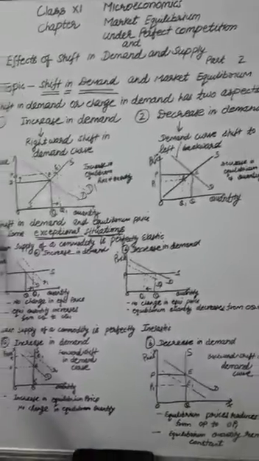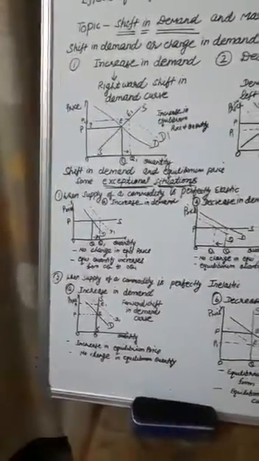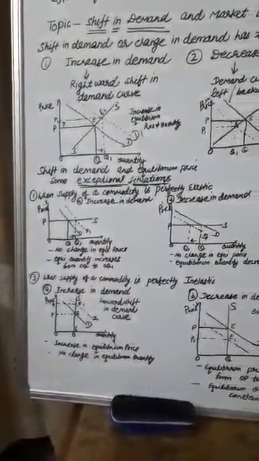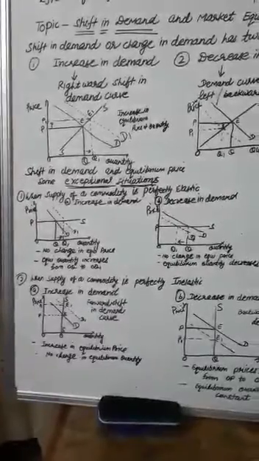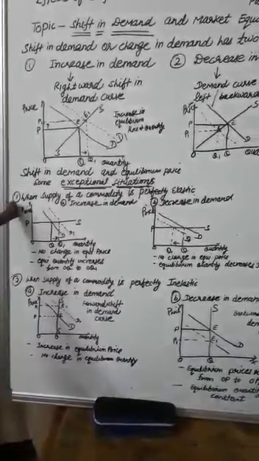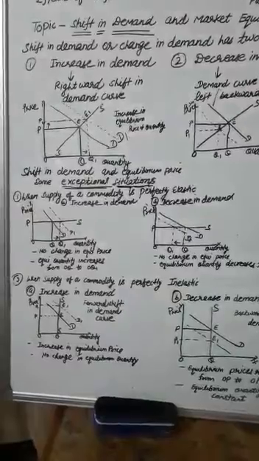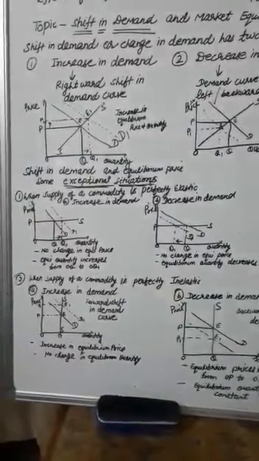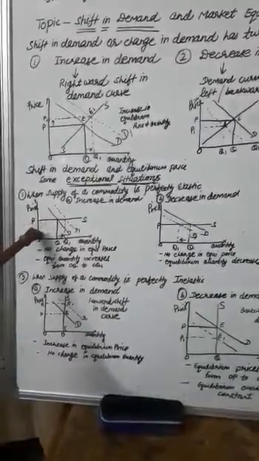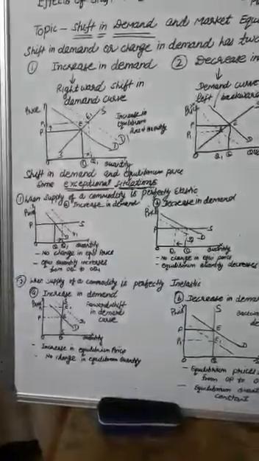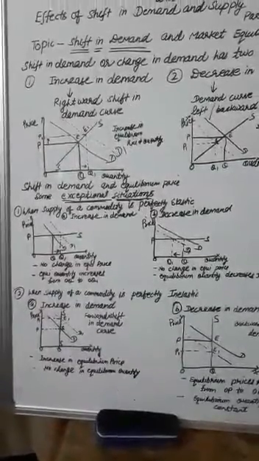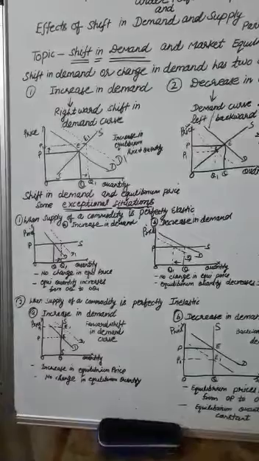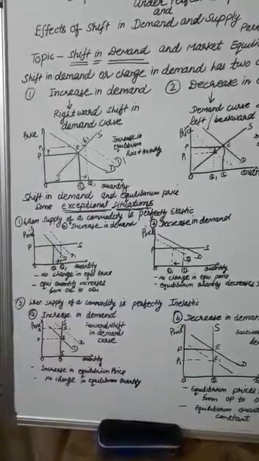Now shift in demand and equilibrium price: some exceptional situations. The first one is when supply of a commodity is perfectly elastic. Now you look at the diagram. Here in this diagram, the supply curve is perfectly elastic. You studied this in the chapter elasticity of supply.